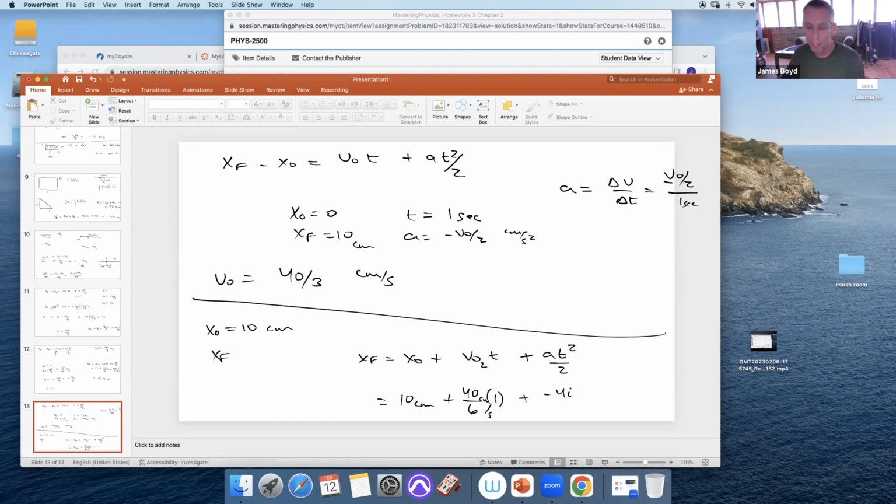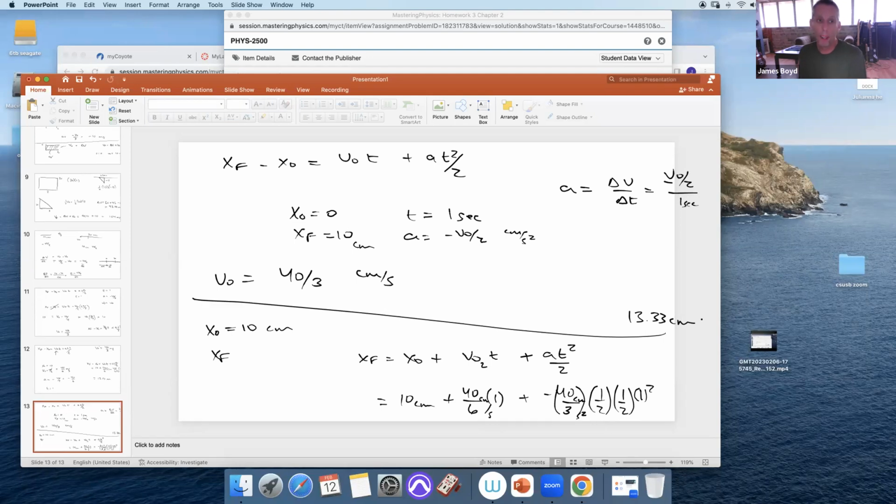And a was negative V naught over 2, so this is 40 divided by 3, times 1 second squared. Now, doing all of this, you'll get 13.333 centimeters. Okay, that's how you do it.